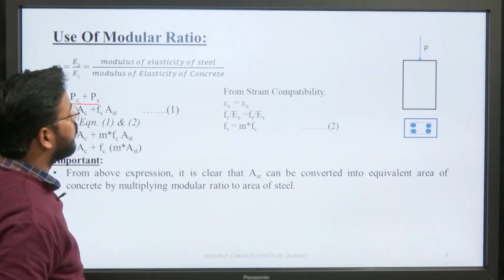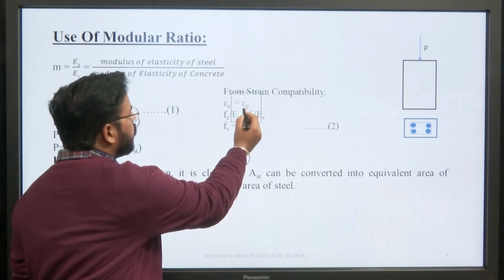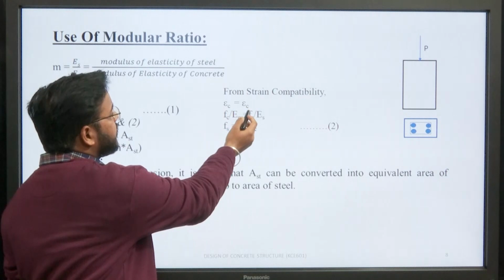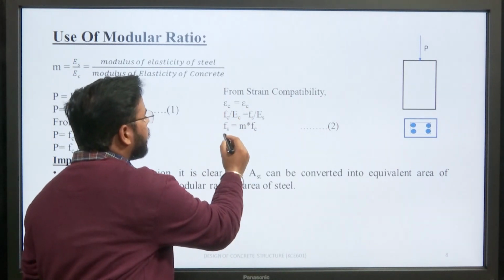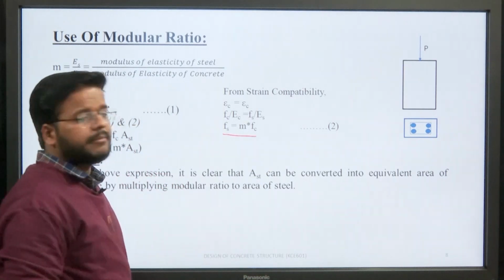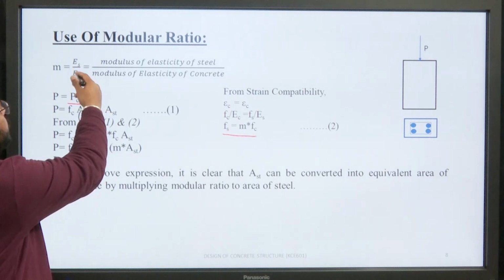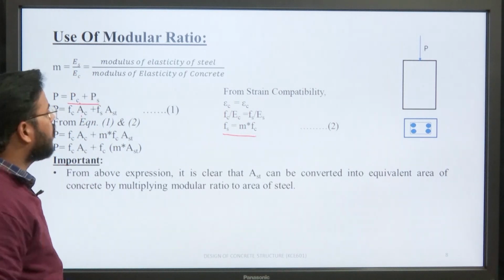From strain compatibility, you know that the strain in steel is equal to the strain in concrete. So, here you can find that Fs is equal to m into Fc. M is the modular ratio, which we said is the ratio of modulus of elasticity of steel to modulus of elasticity of concrete.